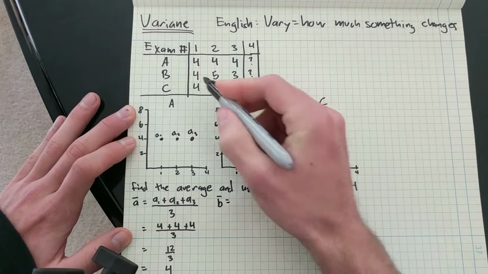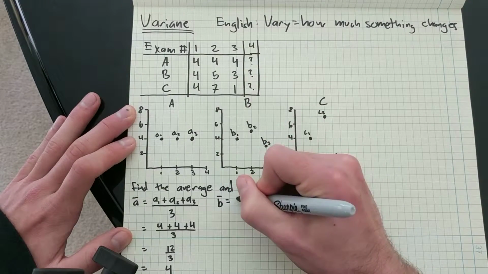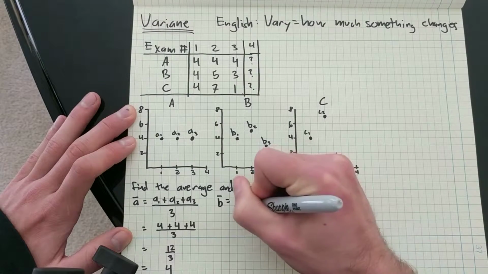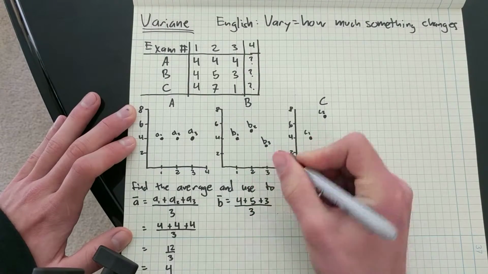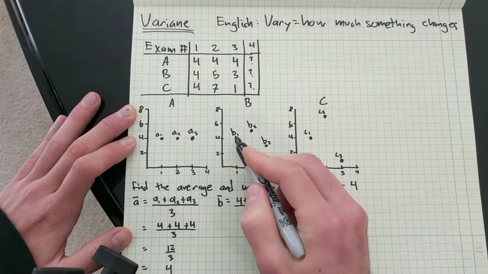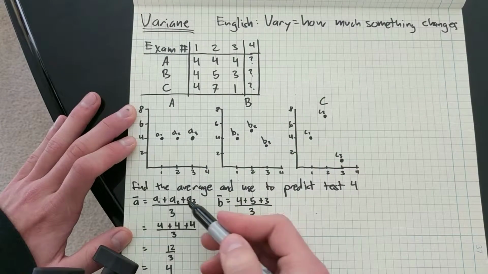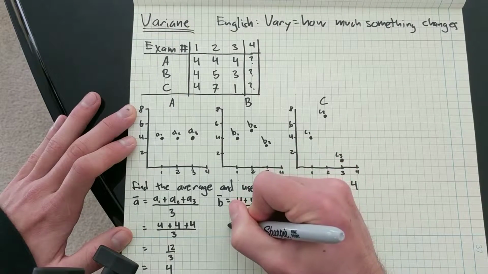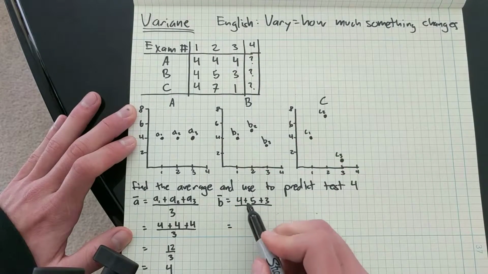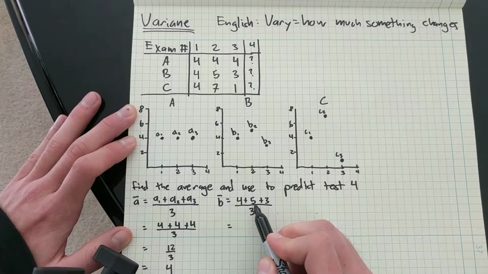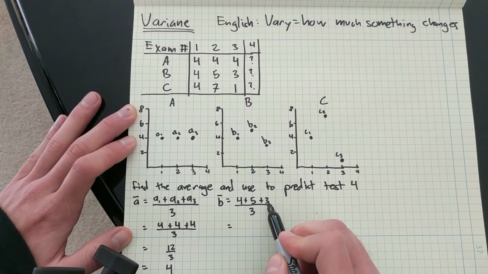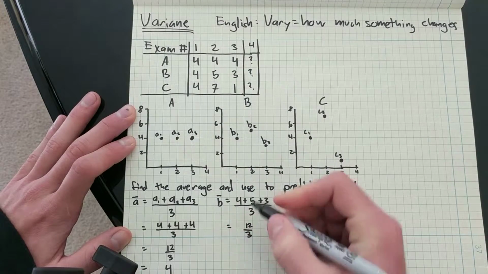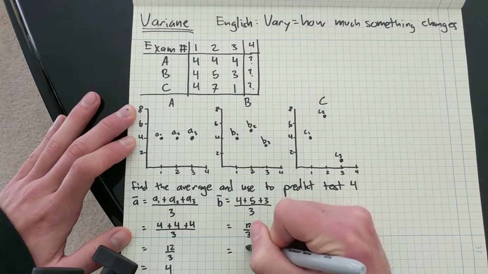Let's do the average of B. So 4, 5, and 3. I skipped writing out B1, B2, and B3, but you can assume that I wrote that. This equals 4 plus 5 is 9, plus 3 is 12, over 3. We've seen this before, that equals 4.